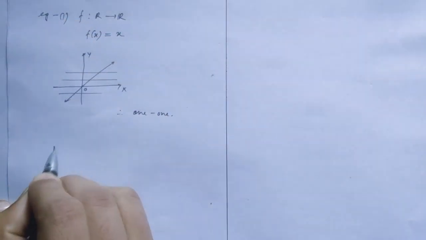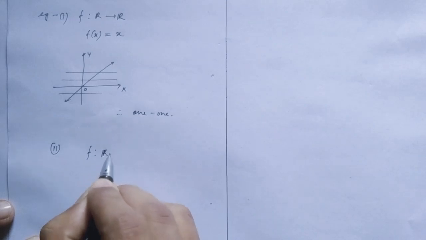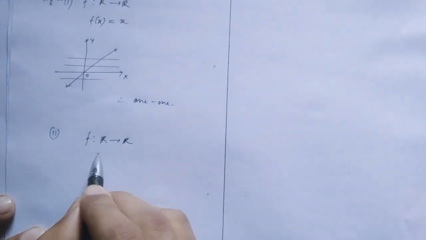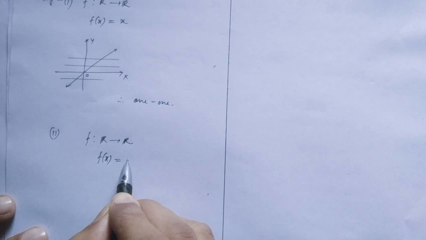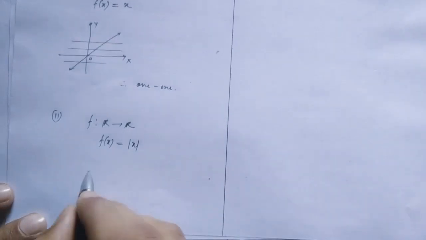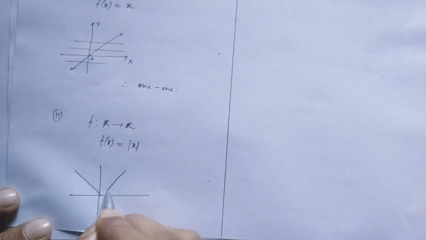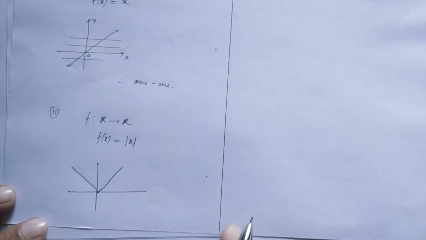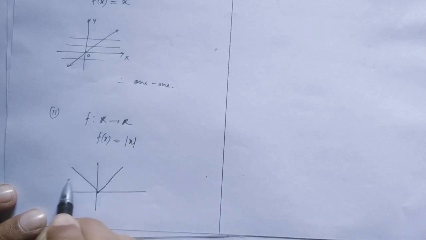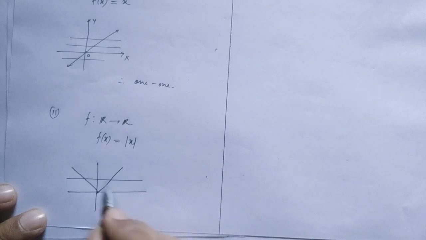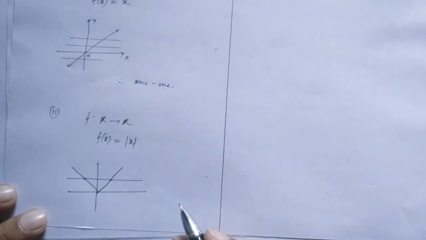So I give you another example. Number 2, f from R to R, f of x equals modulus x. Here the graph is like this. So here you can see, if you draw a horizontal line in this position, then this line cuts the graph at 2 points. So therefore not one-one.